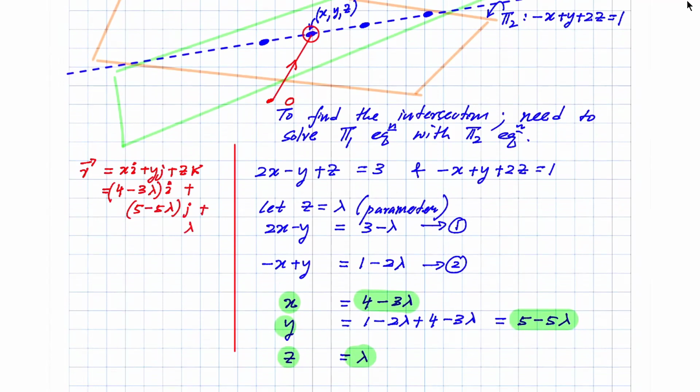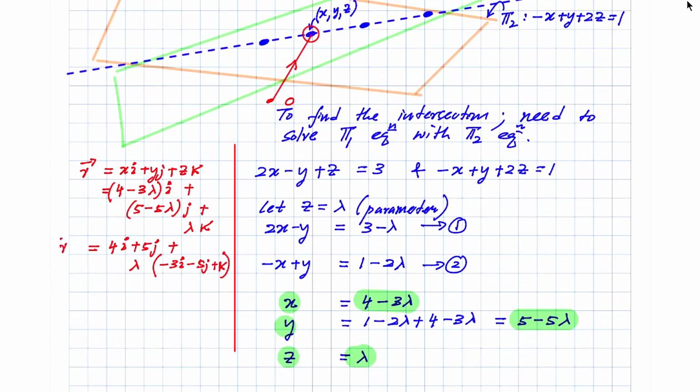Then lambda k. Now I'm going to group the lambdas. If I do that, I get 4i plus 5j plus lambda times minus 3i minus 5j plus k.